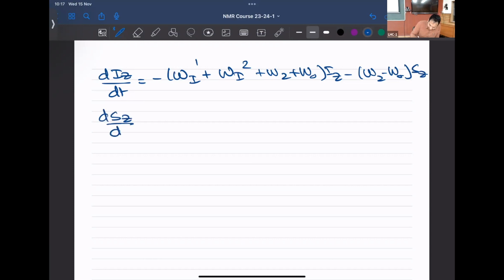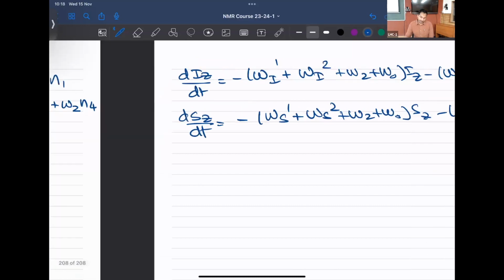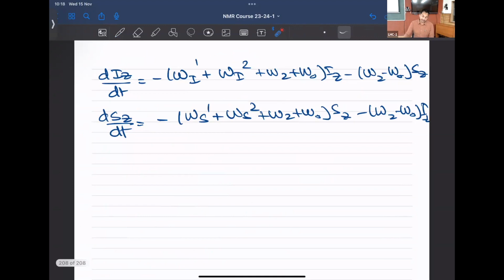Similarly, dSz over dt will be given by minus (WS1 plus WS2 plus W2 plus W0) Sz minus (W2 minus W0) Iz. I've just removed the 2IzSz term, saying that for all practical purposes, let's assume the transition probabilities where S transitions happen, the frequencies are the same irrespective of the state of the I spin. We have invoked the same assumption for WI as well, similar to WS. For small molecules, a very good assumption. These things start to change as you start increasing the size.